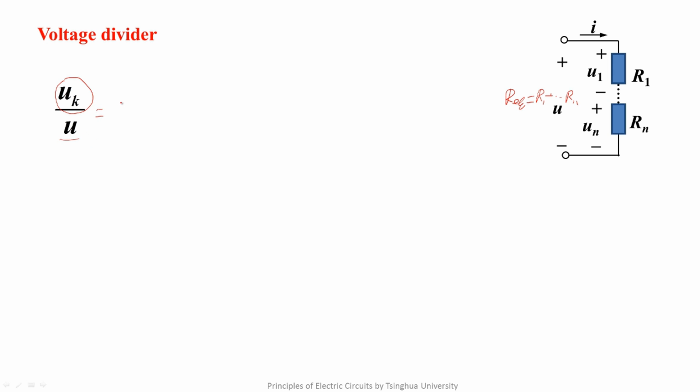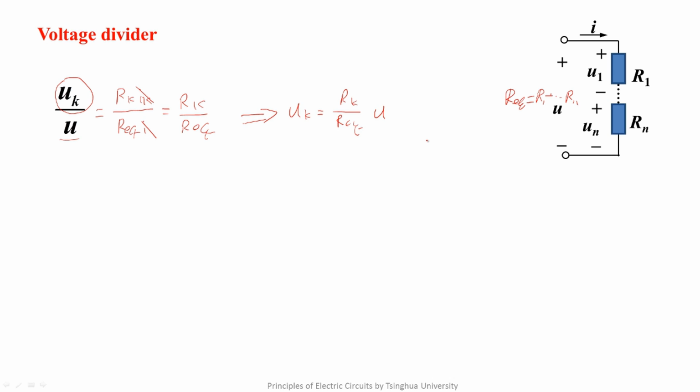It must be Rk times Ik over Req times I. Because Ik and I are the same, so it equals Rk over Req. Certainly, we can infer that the voltage of the resistor K equals Rk over Req times U.